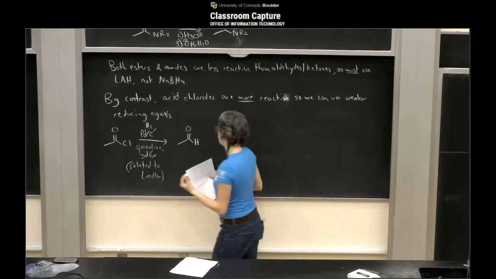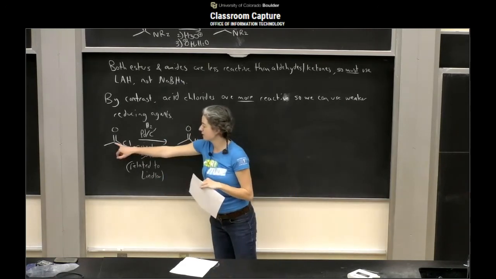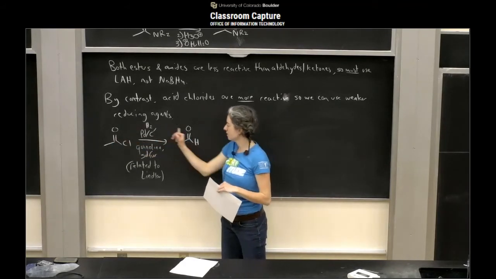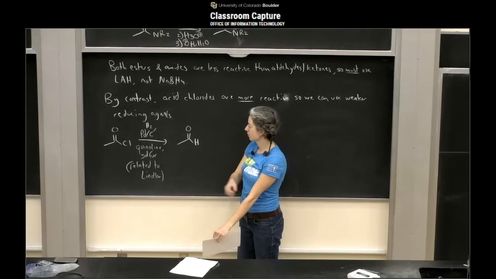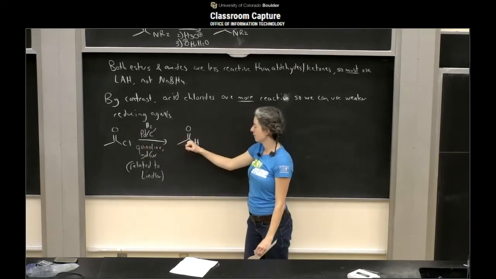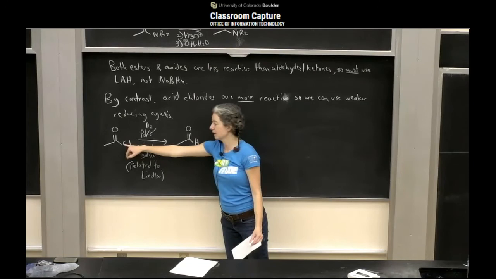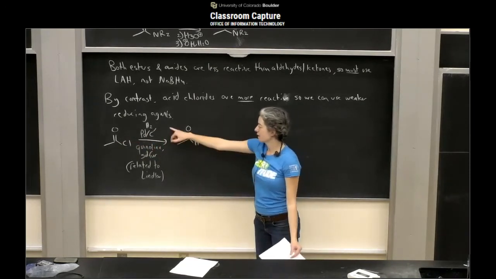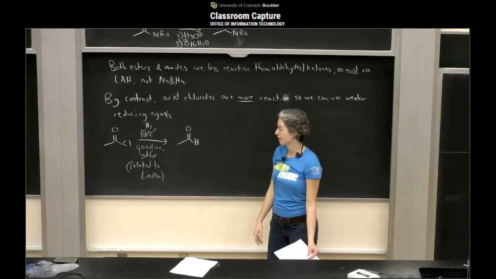It's poisoned and weakened enough that it can go after this easy, highly reactive acid chloride and reduce that down, but it can't go any further past that. So it's so weak that it'll react only with acid chlorides and not with the aldehydes that we've seen. So this combination is even weaker than sodium borohydride, in other words.